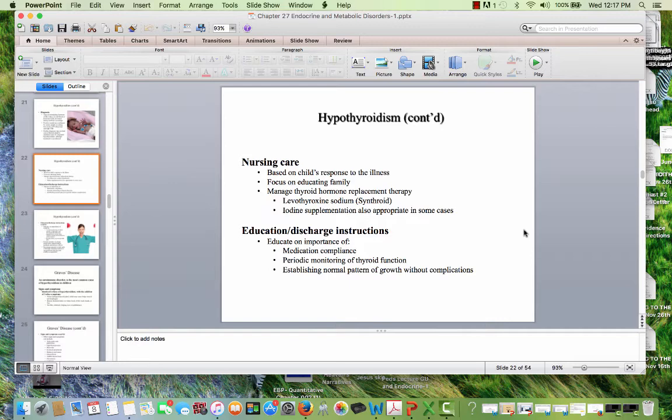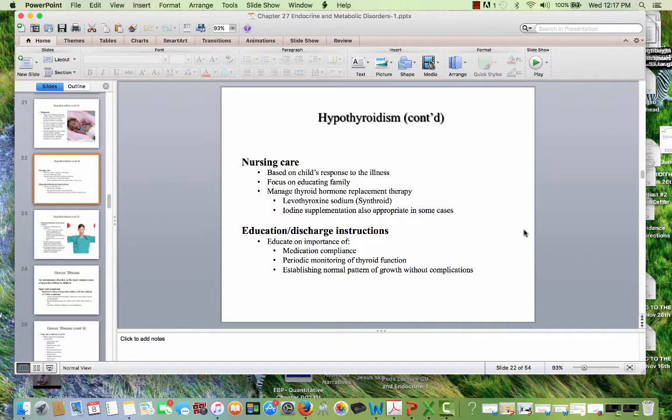You're going to teach the parents how to administer thyroid medication by crushing and mixing it, usually with a small amount of water, breast milk, formula, or baby food. Water is of course only for older kids who can take water, and I want to make that caveat: this is not for our infants.